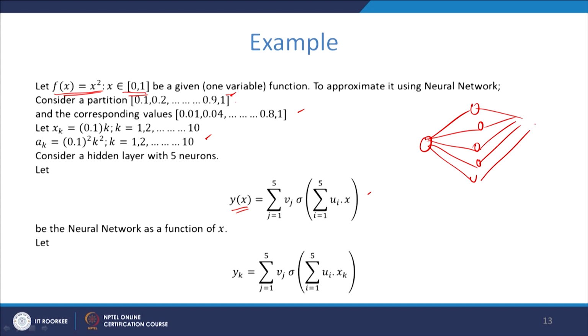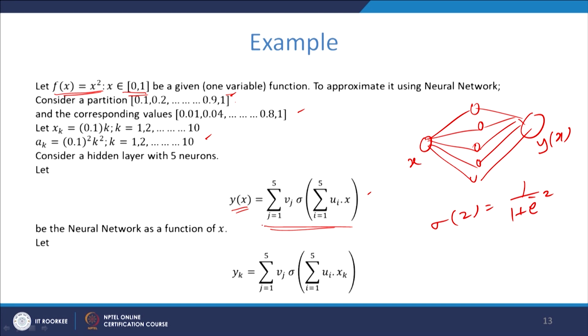So, this is x and the value is y of x, and the calculation of the hidden neurons is given by this, where sigma of z is taken to be 1 by 1 plus e power minus z as given in the previous one.